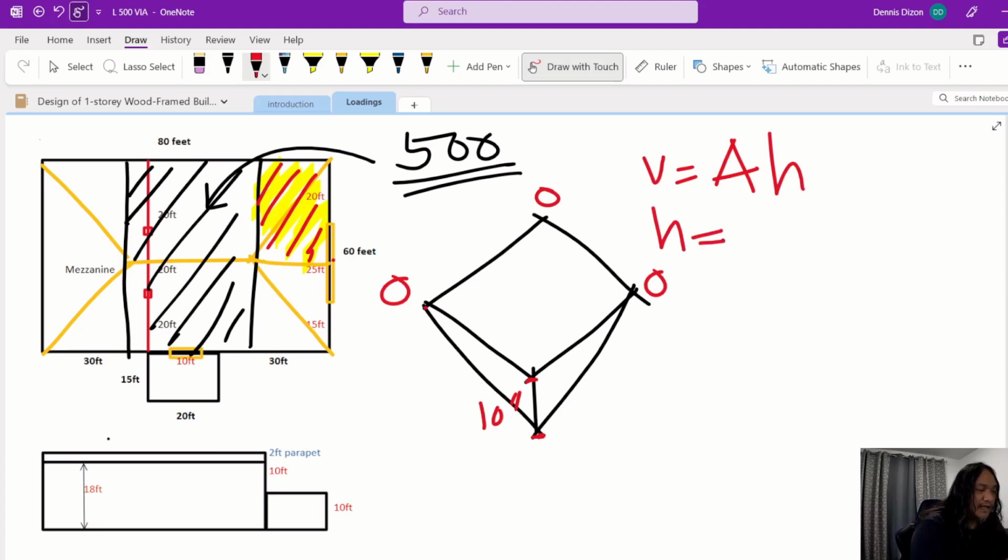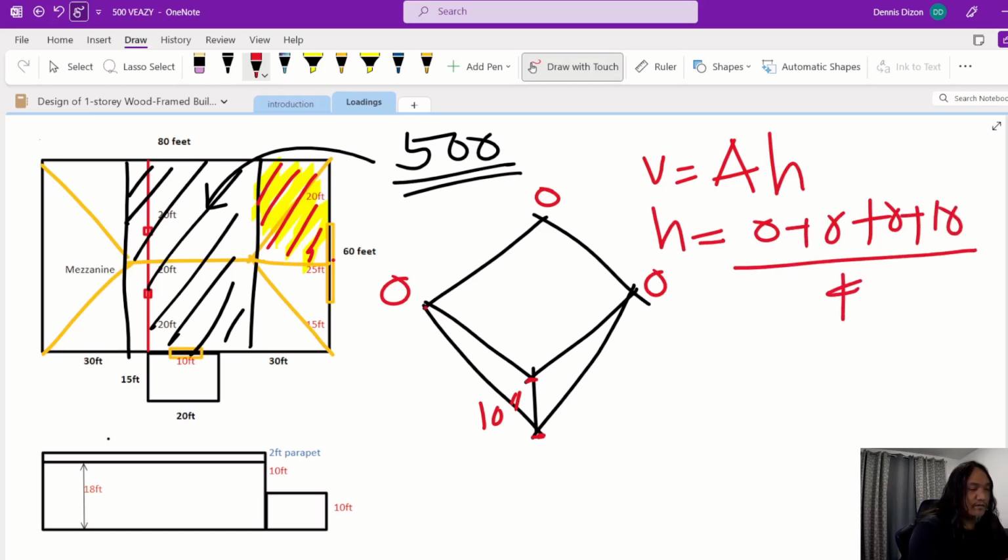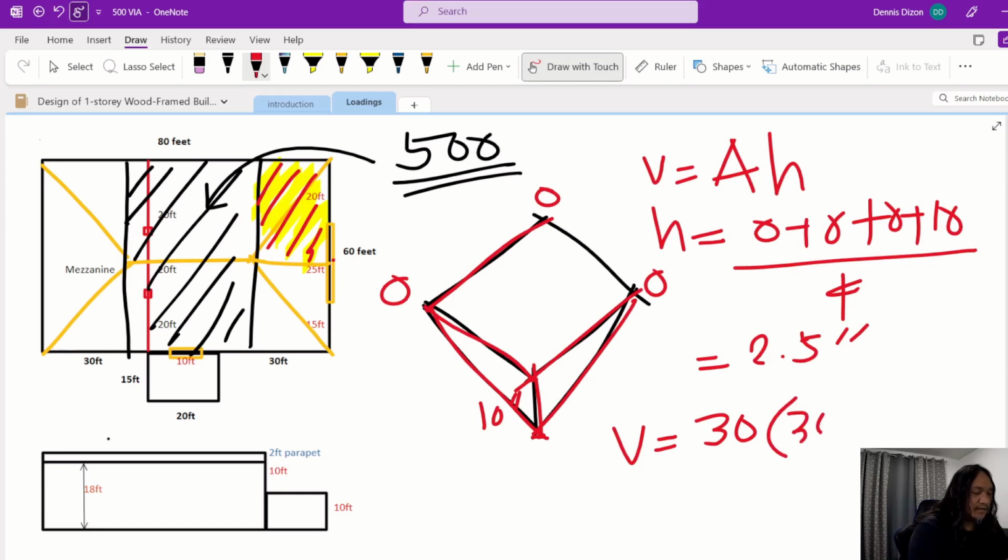So the height is equal to 0 plus 0 plus 0 plus 10, over 4. So the average height is 2.5 inches for this entire section. Therefore, volume is equal to the area, which is 30 times 30.